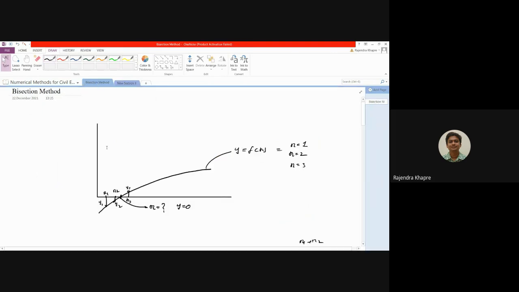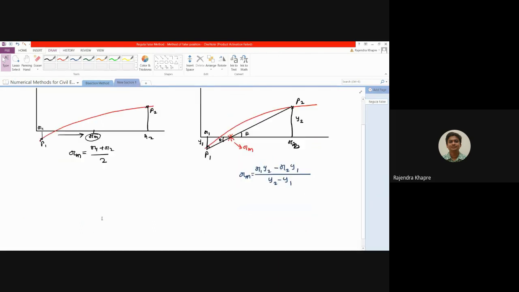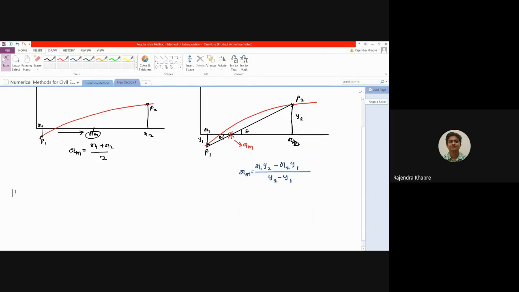If you remember, in the bisection method we took the expression y equals x cube minus 1.2 times x square plus 2x minus 2.4. Let us try to solve the same problem now using the Regula Falsi method.